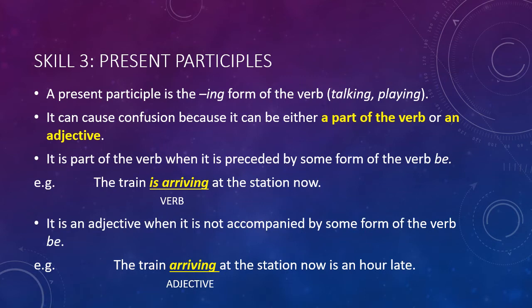Well, it can be an adjective when it's not accompanied by some form of the verb. So when it stands alone, it functions as an adjective. For example, the train arriving at the station now is an hour late.